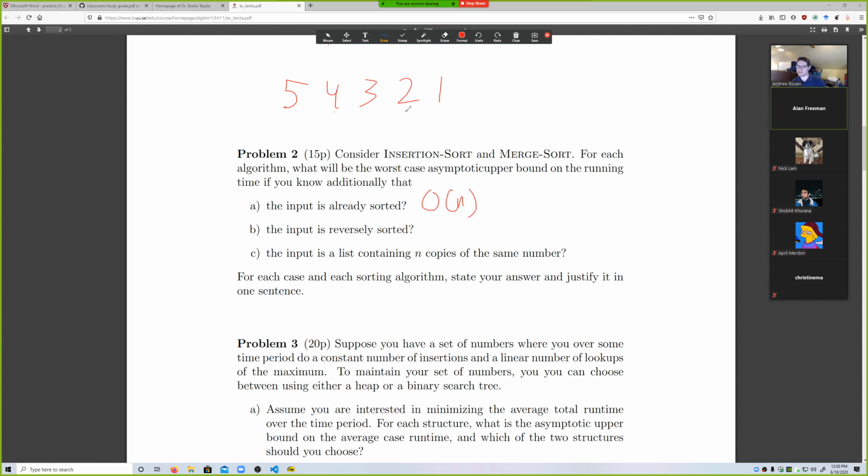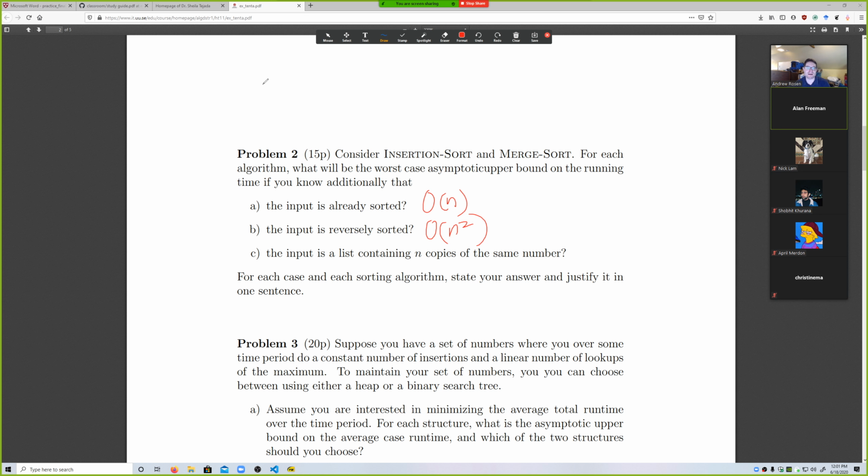This follows the pattern of 1 plus 2 plus 3 plus 4 plus 5, which is equal to n times n minus 1 over 2, which gives us a grand total of O of n squared time. So this one is O of n squared. If it's reversely sorted, that's actually the worst possible case you can get. Okay?